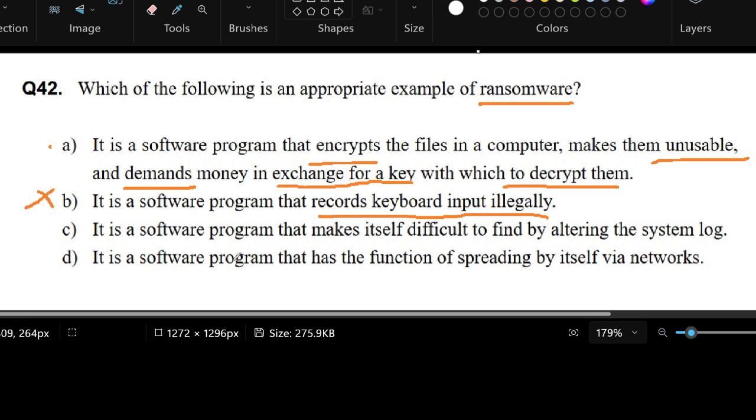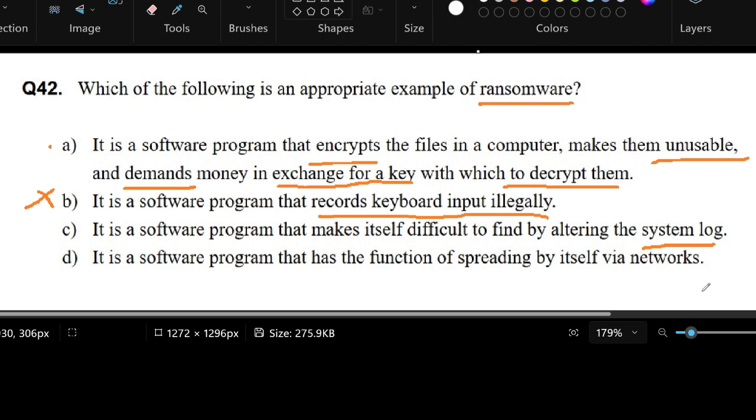Letter C is saying that it's a software program that makes it difficult to find by altering the system log. So it looks like it's hiding itself, and maybe it's a combination of functions within a software program, where this is one of the functions, and another one is maybe letter D, because letter D is saying that it's spreading itself via the networks, and so it's spreading itself, and it's difficult to find that type of combination.